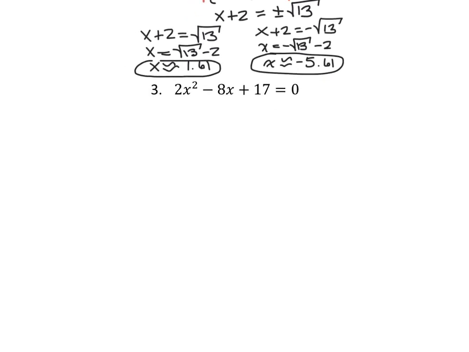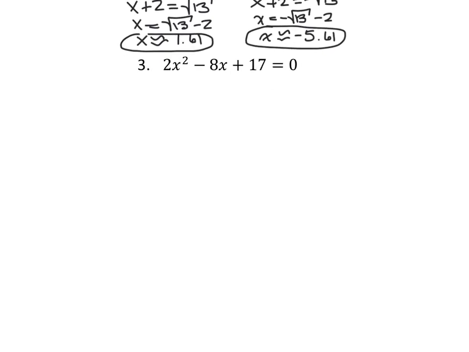Okay, last example. I purposefully picked solutions that were going to result in complex numbers. So the first thing you would look at here is, can I factor this? And a times c is 34. You can try to factor it. So we've got 34.